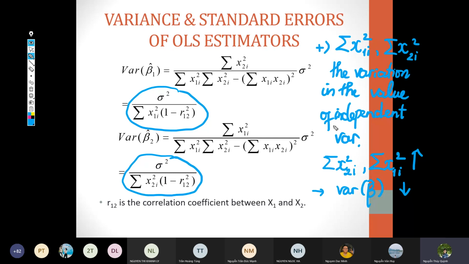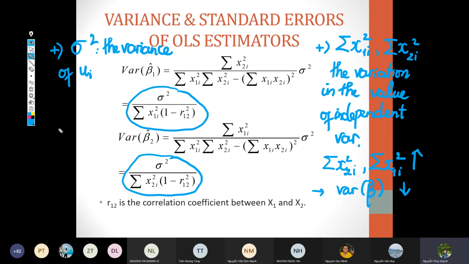And the second one, what else? Look at the formula. The variance of ui, the disturbance ui.